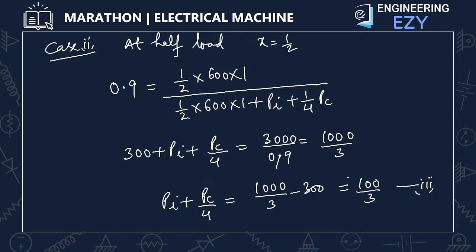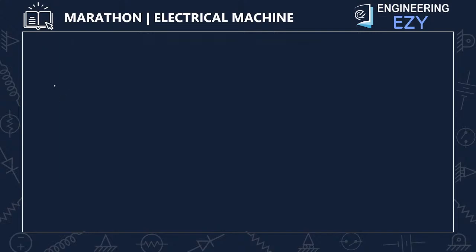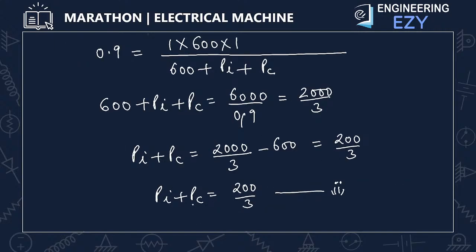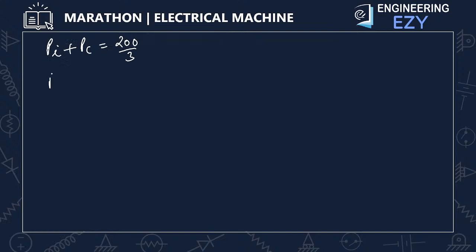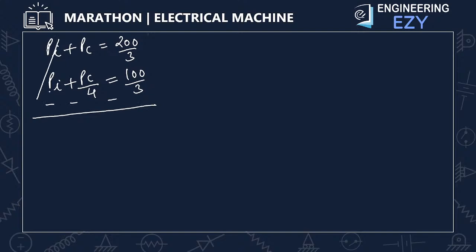Very good Ashok. So I am also solving. Now I am getting two equations. Pi plus Pc is equal to 200 by 3, that is equation 2, and Pi plus Pc by 4 is 100 by 3. If I solve, I am getting 3 Pc by 4.